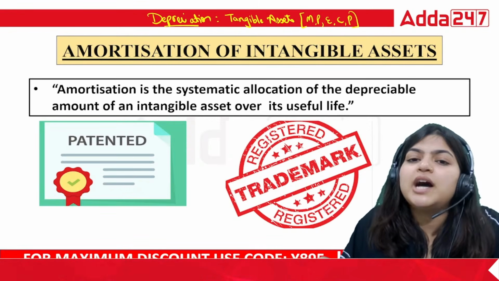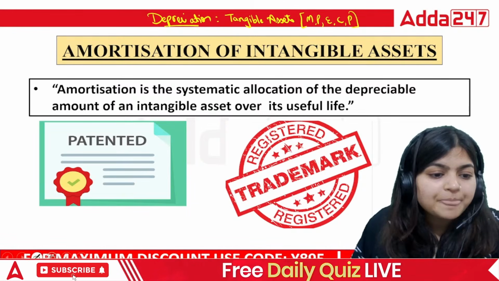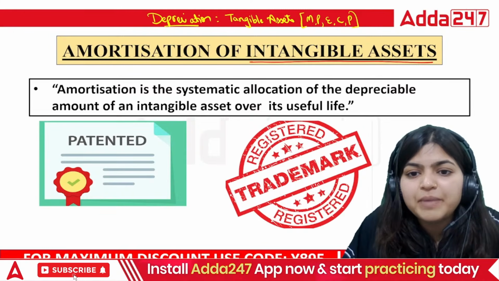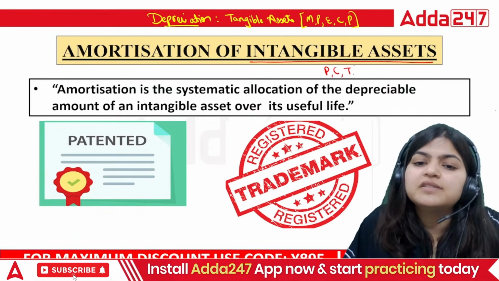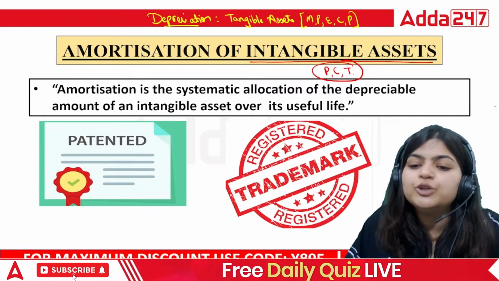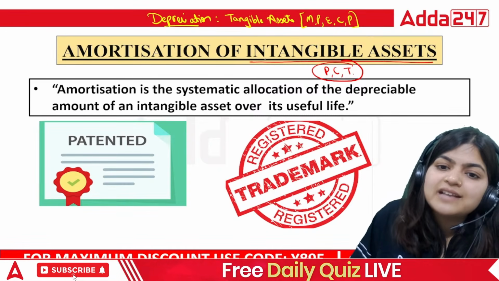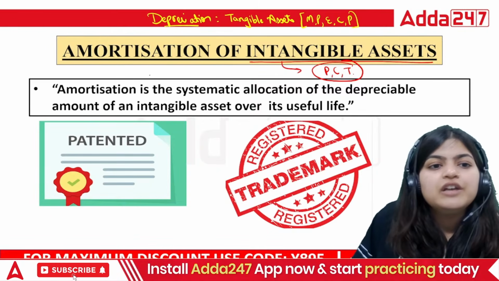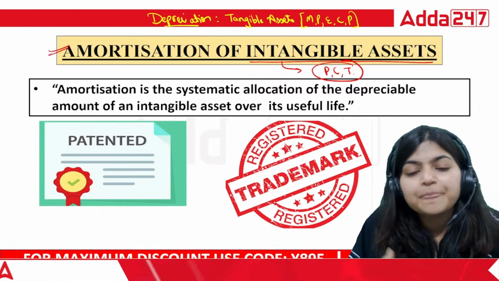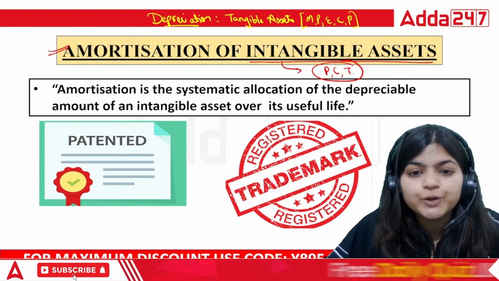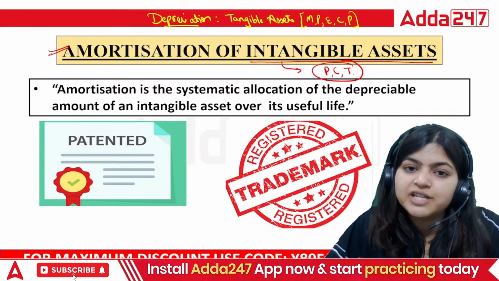But in businesses, we are using intangible assets as well, like patents, copyrights, trademarks. Over the period of time, their value is also reducing. So on intangible assets, which do not have any physical existence, we charge amortization. The amount through which we reduce our intangible assets' value is given through the term amortization.